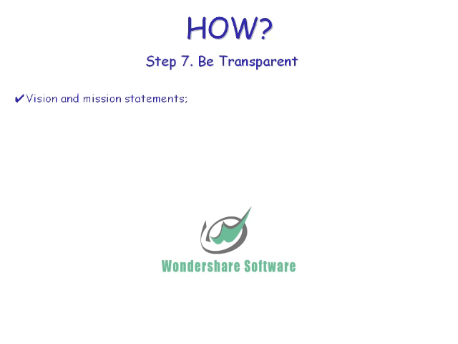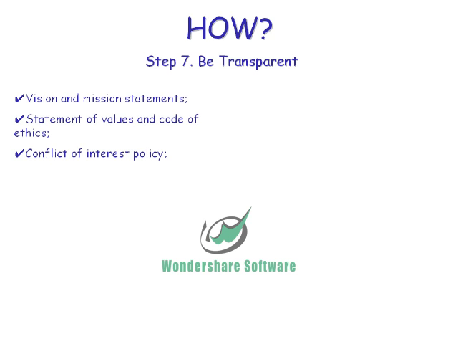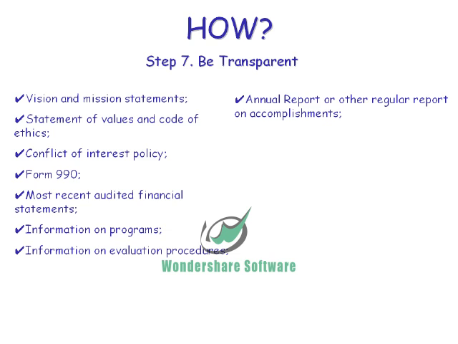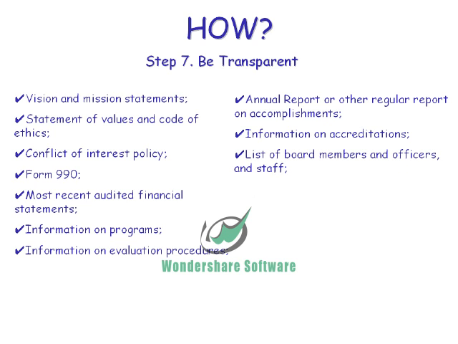Vision and mission statements, statement of values and code of ethics, conflict of interest policy, Form 990, most recent audited financial statements, information on programs, information on evaluation procedures, annual report or other regular report on accomplishments, information on accreditations, list of board members and officers and staff.